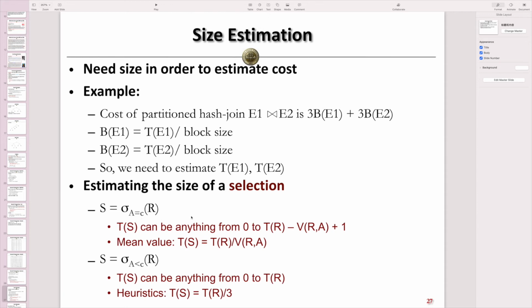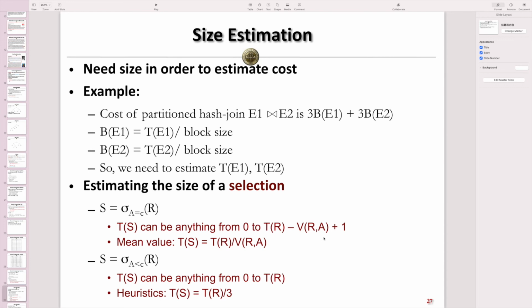They all have one single tuple in the relation R. If so, then we can assume the largest result returned by the selection operation will be equal to TR minus VRA plus 1, right? This VRA denotes different values available for the A attribute. If all the remaining different values only have one single tuple, then all the other tuples will be returned as a result, right? So this maximum value will be equal to this term as we show here.